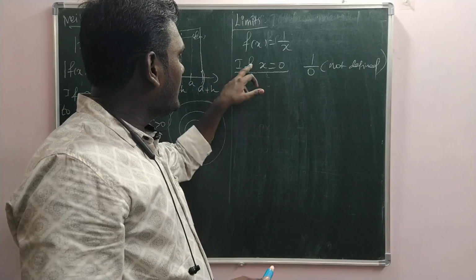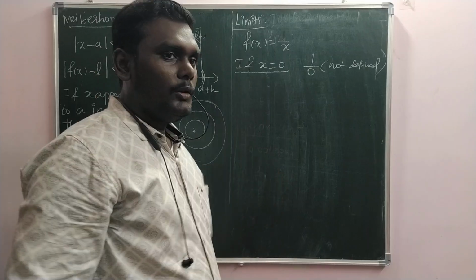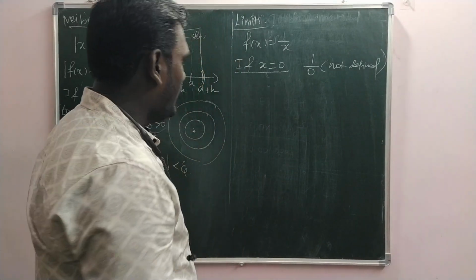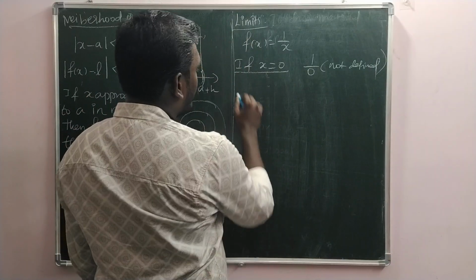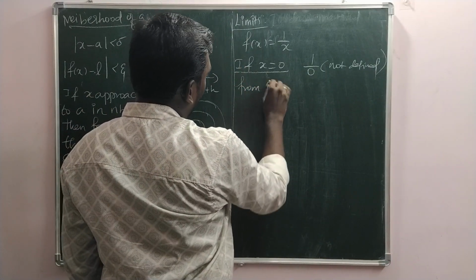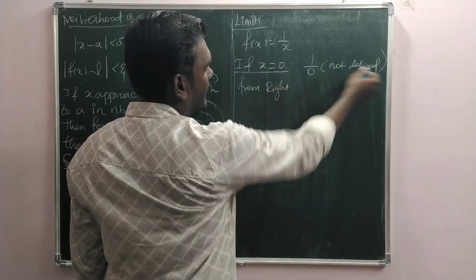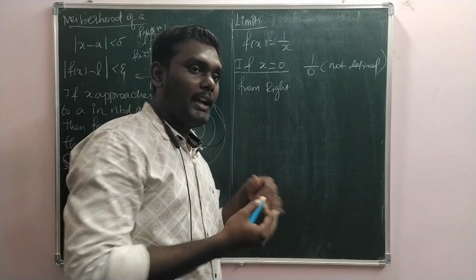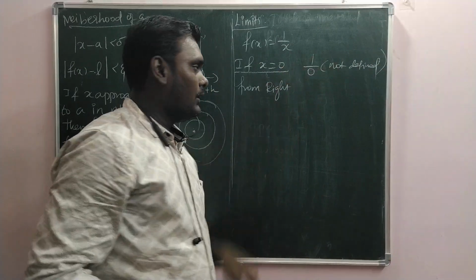But instead of getting directly to 0, what if it approaches 0, like from the right side? Because this value is not defined, we might not get the exact value, but we may get where it is heading.